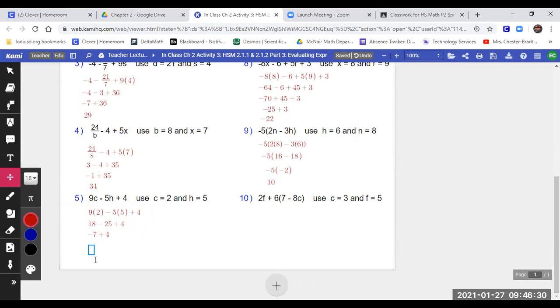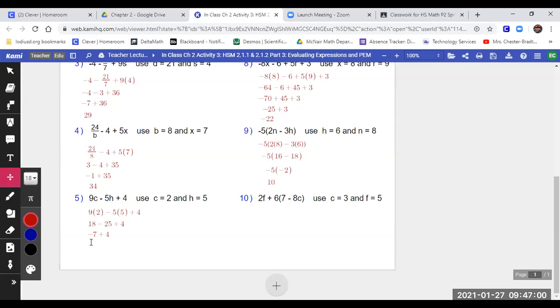We're going to subtract the two numbers, and then which one do we look at for the sign of the final answer? The bigger number, and the bigger number was negative, so our answer is going to be negative.